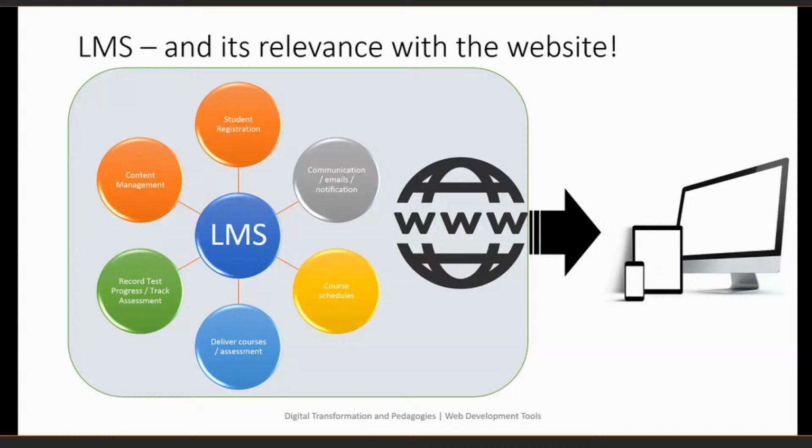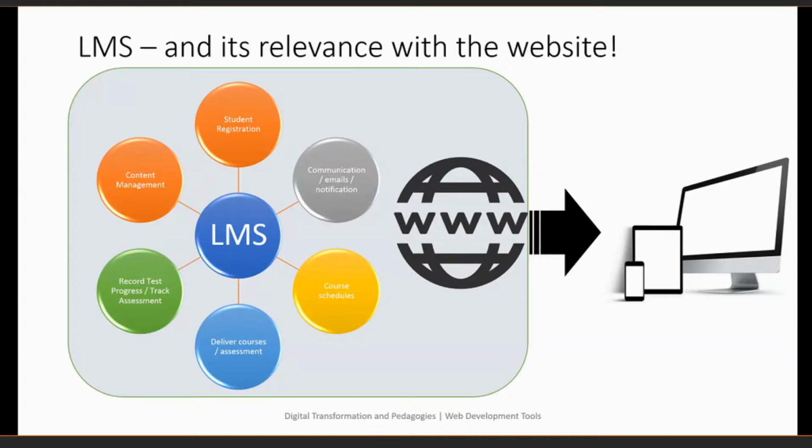Once you have registration, you need to have a way of interaction with them. For that, you can have various different modes of communication. It can be emails, notifications. There could be other things like pop-up notifications using various smart devices. Once you know who your students are and how you can communicate with them, then you have different kinds of courses and schedules you can provide. Now you have those as well, so then you'll try and deliver those courses.